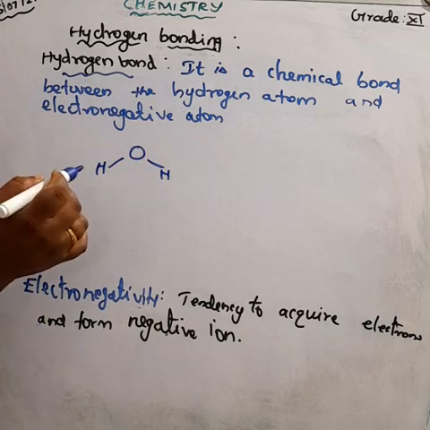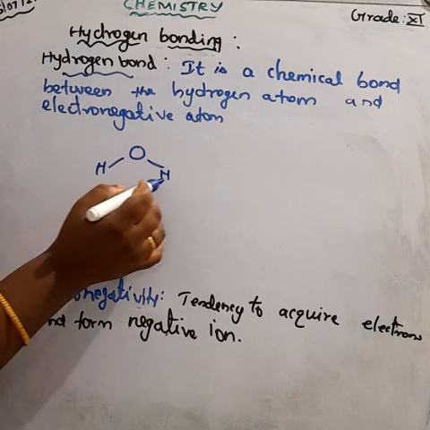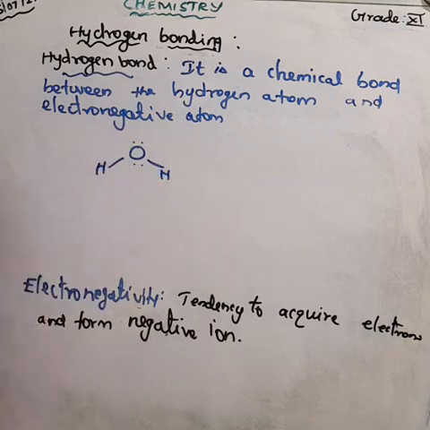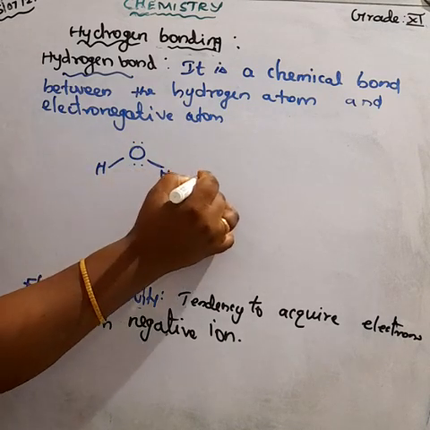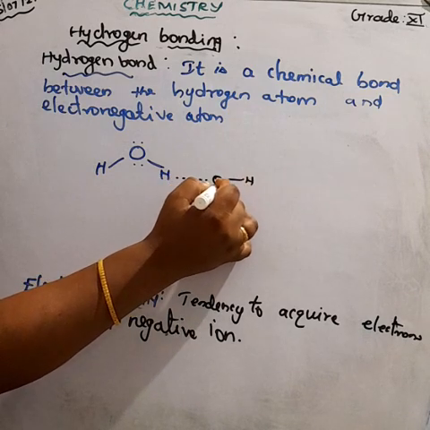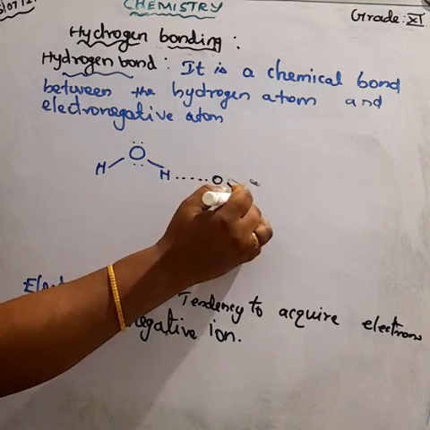The hydrogen bond is formed between the oxygen and another hydrogen. This is the hydrogen bond. So a hydrogen bond is formed between the hydrogen atom and an electronegative atom.